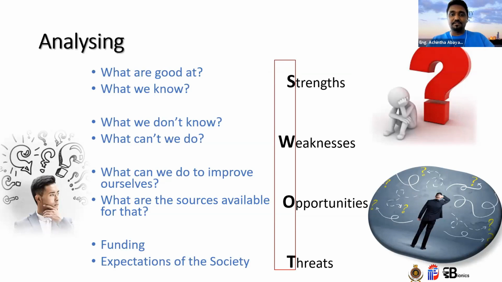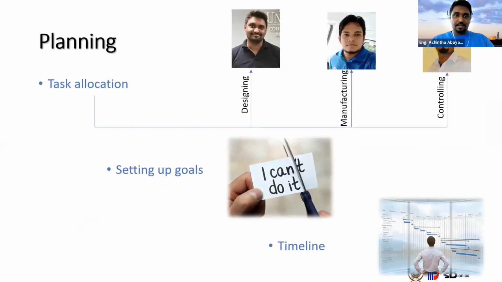The battles were within ourselves because we were a fresh team, and we didn't know the capabilities of each other. It took several months for us to get into line, and we discovered that I'm good at design, Mr. Tariq Silva was good at manufacturing, and Nilupa Harachige was very good at controlling.